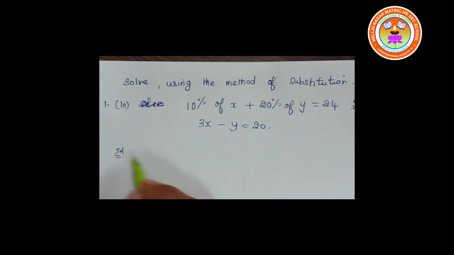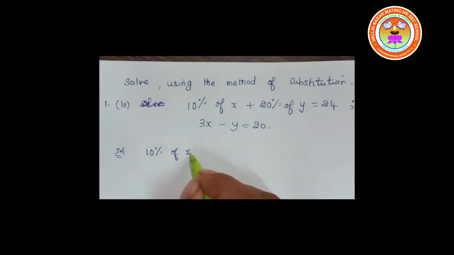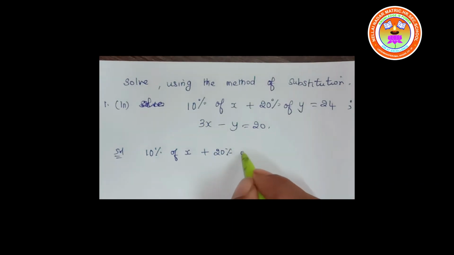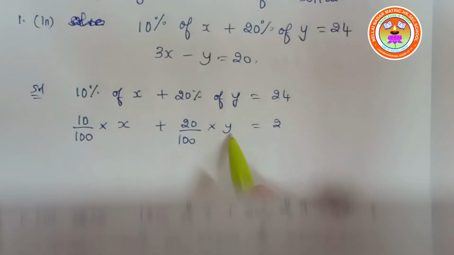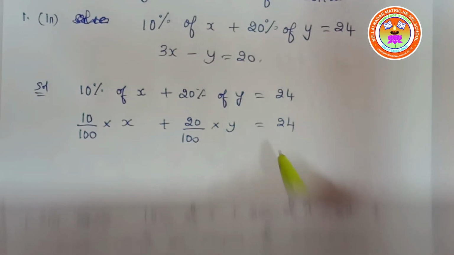Take down the question. 10% of x plus 20% of y is equal to 24. 10% means 10 divided by 100 into x plus 20% means 20 by 100 into y. 20 by 100 into y equal to 24.